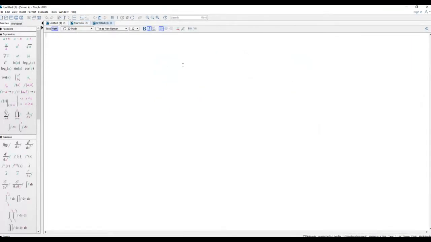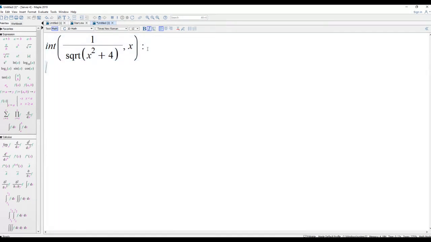So let's say I wanted to integrate 1 over the square root of x squared plus 4. Okay, I just want to integrate that with respect to x. It's a bit bigger so everyone can see it.